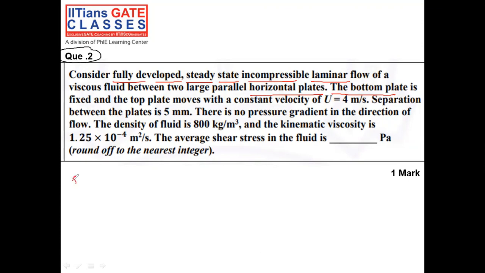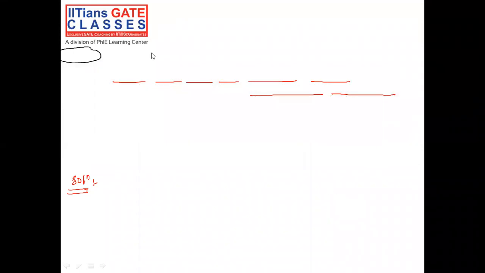Now, if you look at the solution of this particular question, one plate is fixed and the other plate is moving with some velocity u, which is given as 4 meter per second.